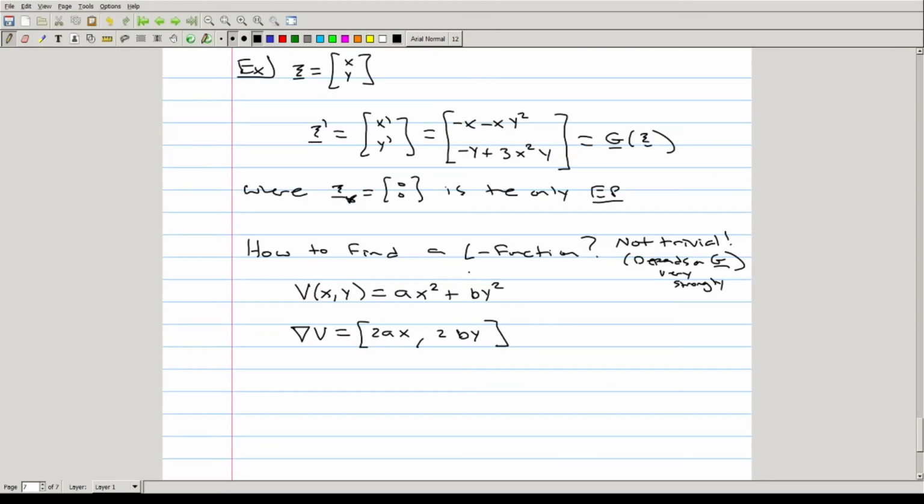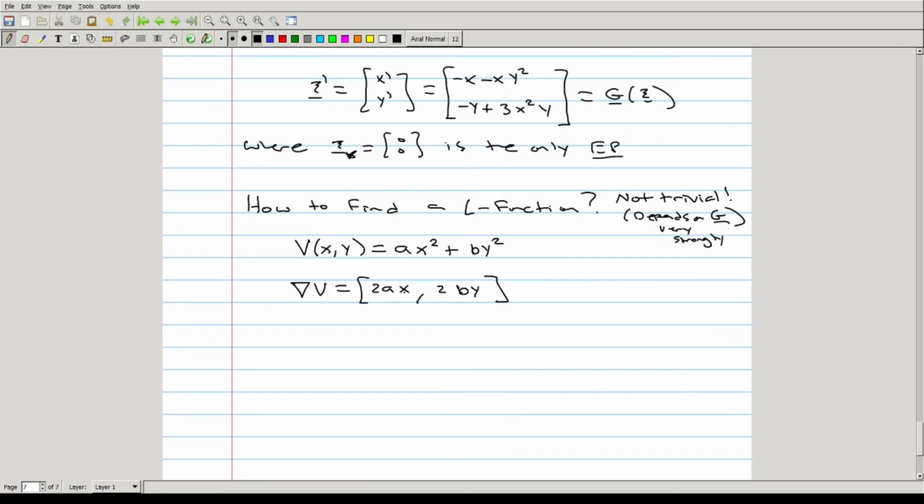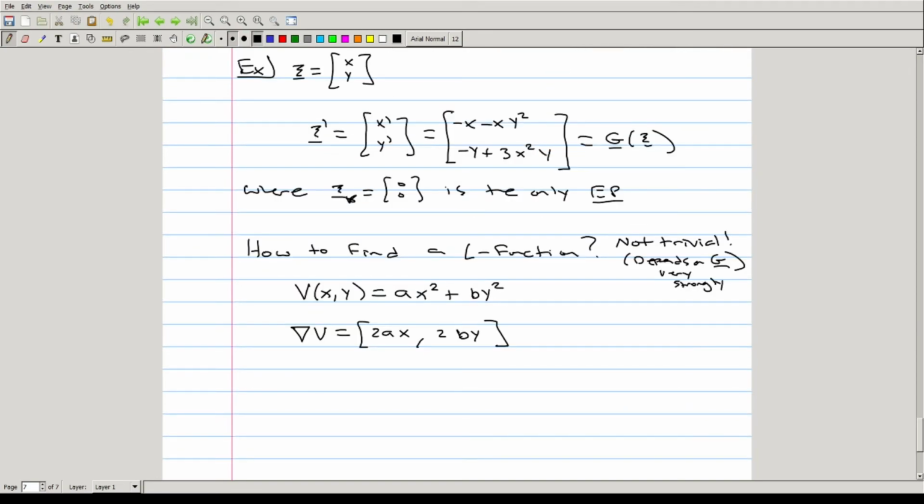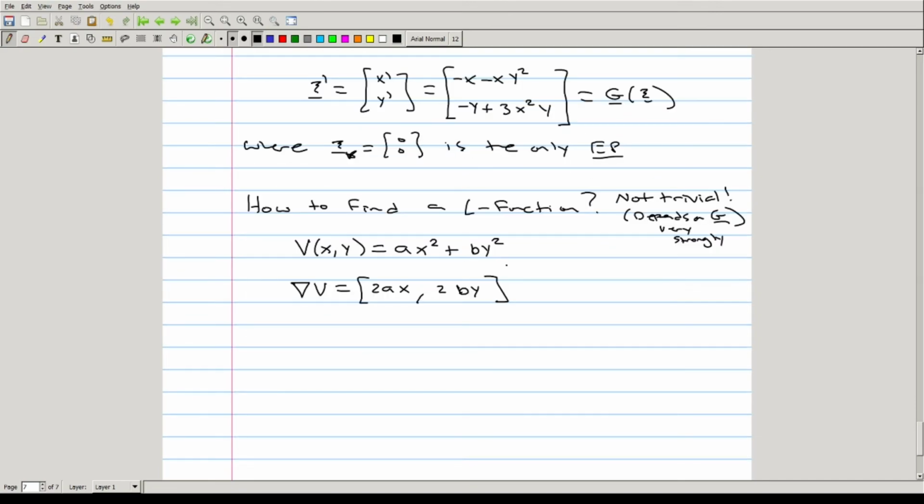And the idea then is to take a function of this form, take the gradient, and take the dot product with g, hopefully getting some simplification that'll simplify to either a strictly negative function or just less than or equal to 0 with a proper choice of a and b. And sure enough, this is exactly what happens.